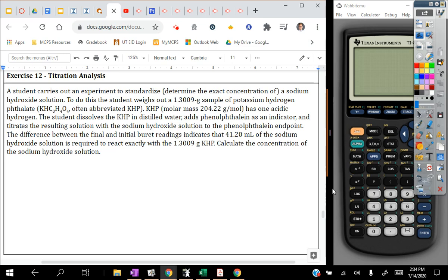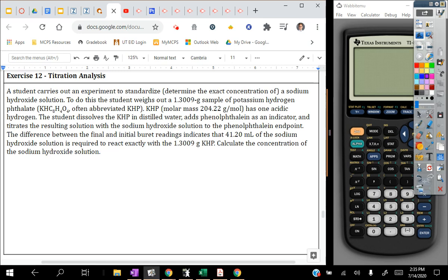The student dissolves the KHP in distilled water, adds phenolphthalein as an indicator, and titrates the resulting solution with the sodium hydroxide solution to the phenolphthalein endpoint. The difference between the final and initial burette readings indicates that 41.20 milliliters of the sodium hydroxide solution is required to react exactly with 1.3009 grams of KHP. Calculate the concentration of the sodium hydroxide solution.